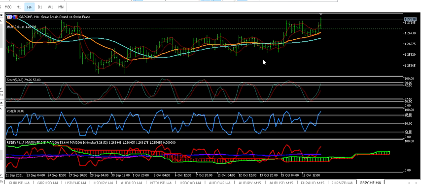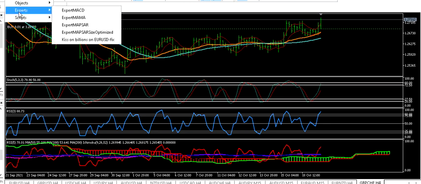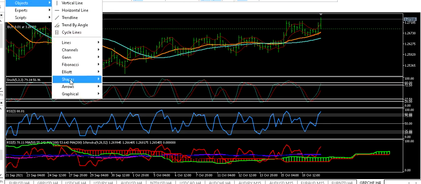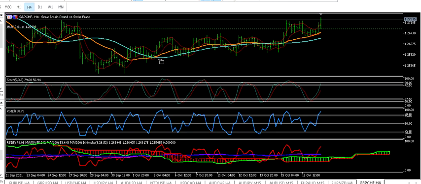It tells you the trend. If price is trending, it shows you. If price is ranging, it shows you. If it's ranging, you won't see the blue and the orange moving average going up or going down. It will just be flat, in a straight line.